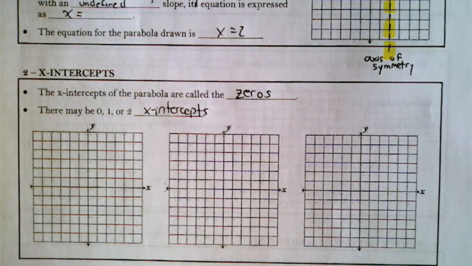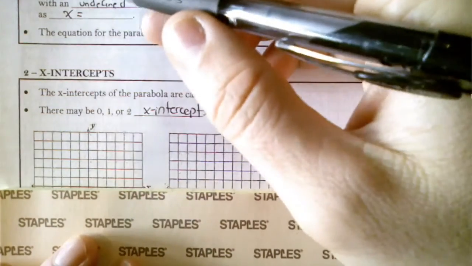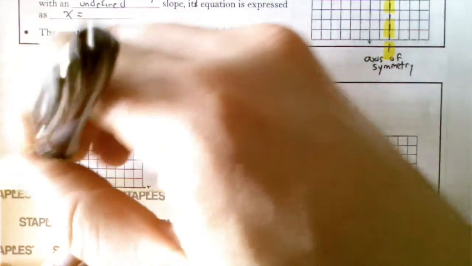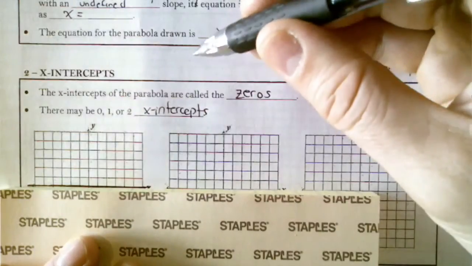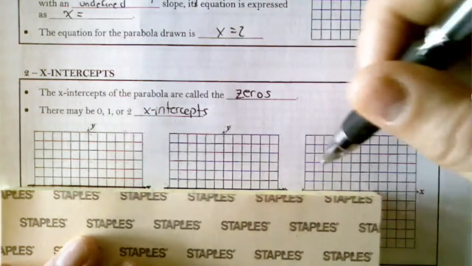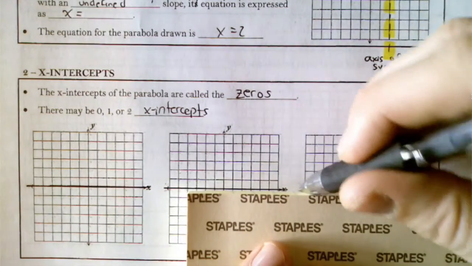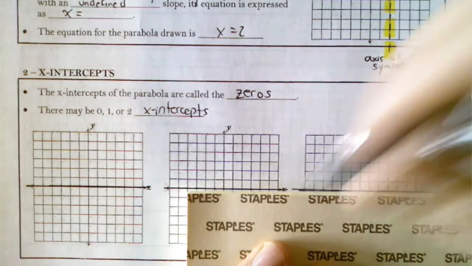So if this is our x-axis, we're going to draw parabolas that cross it 0 times, 1 time, and 2 times.